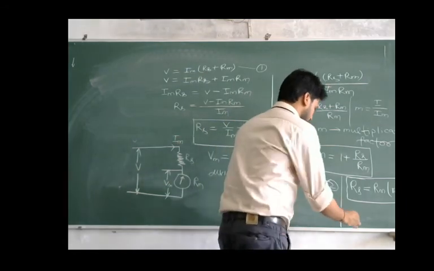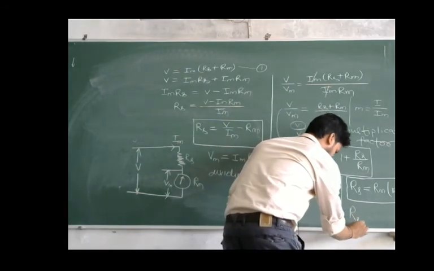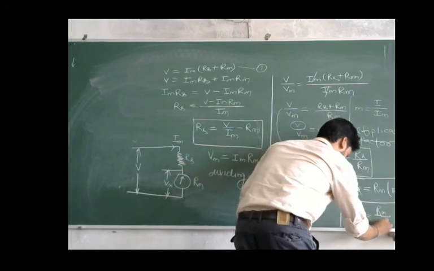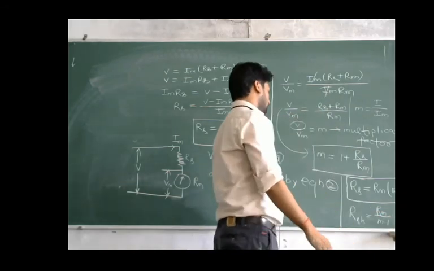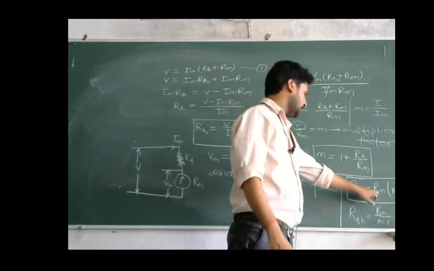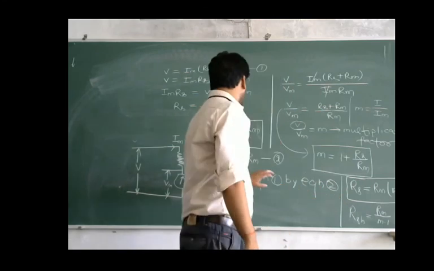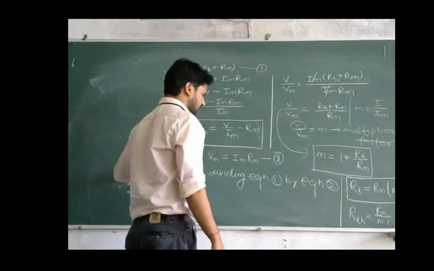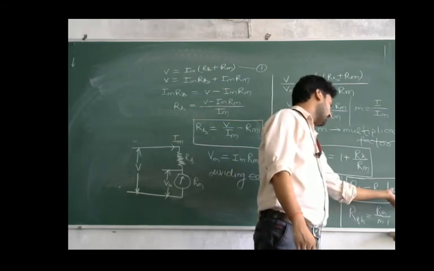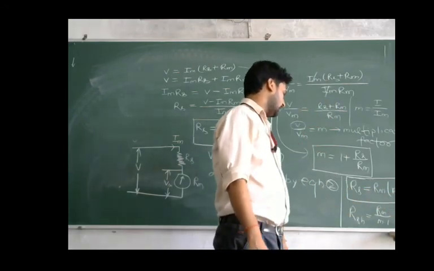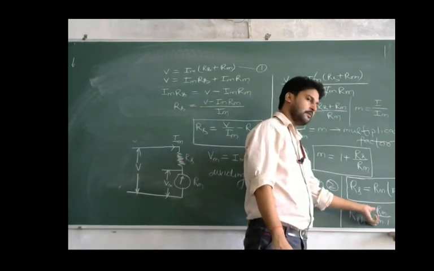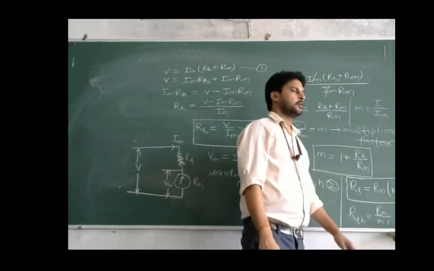The value of shunt resistance in the ammeter was Rsh is equal to Rm upon m minus 1, whereas the value of series resistance in the voltmeter is Rm into m minus 1, because this resistance is appearing in series.